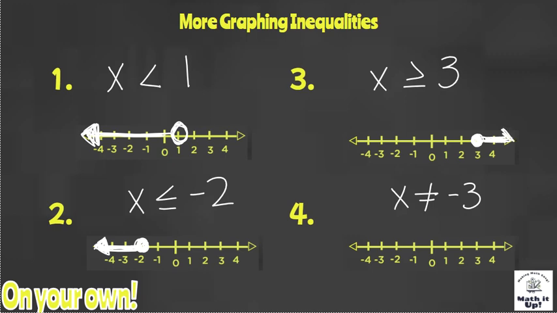So I'm heading this direction, greater than, to my larger numbers. And finally, x is not equal to -3. So I'm going to ring -3. It's not part of my answer, but everything else is, just not that 3. So I'm going this way, and I'm heading this way, and I'm going to graph everything else in.